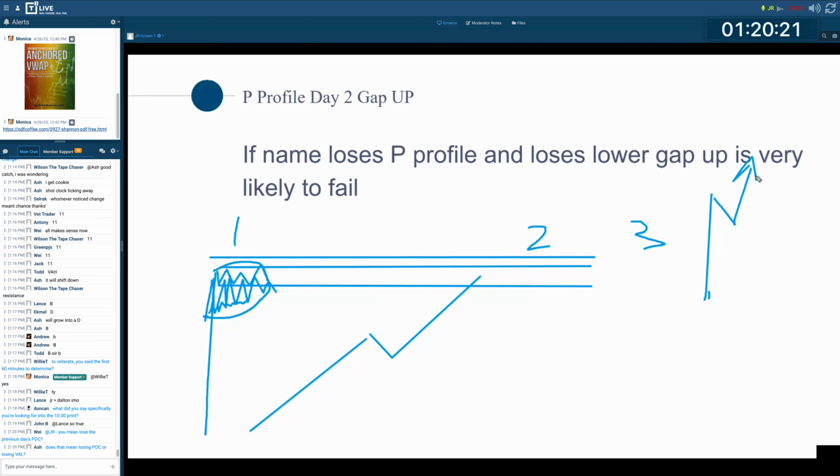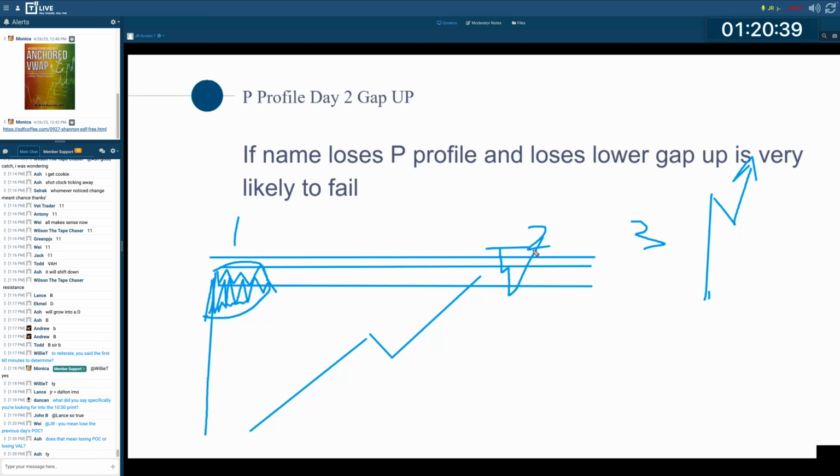That's what I said. When you gap up on day 2 and you rotate beyond value area high and beyond point of control and can't rotate back, that is a very, very significant, almost surefire sign that this gap and go is a no-go.